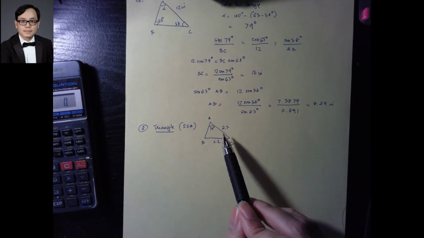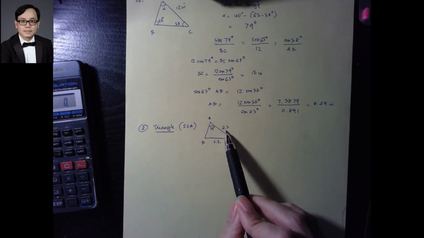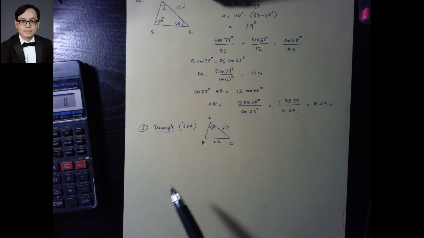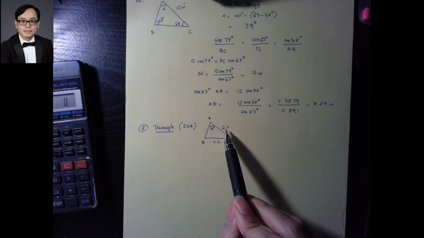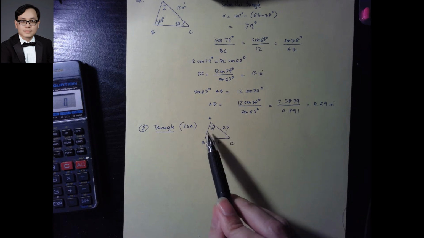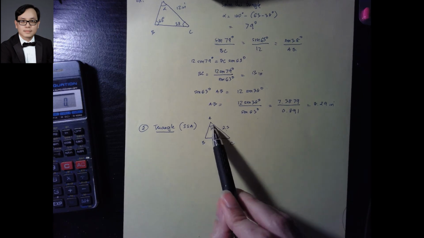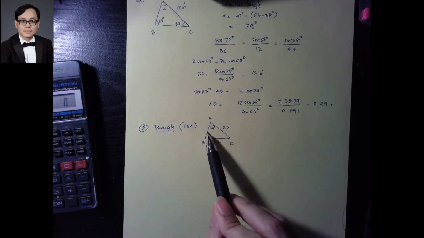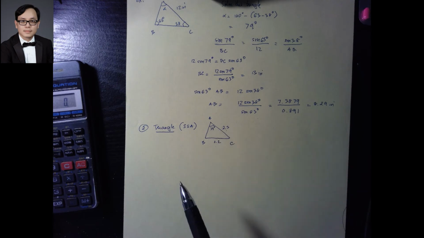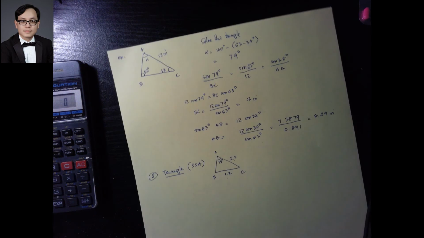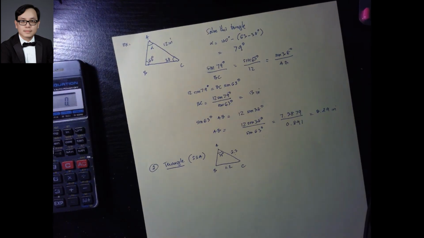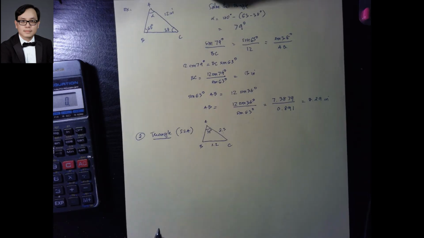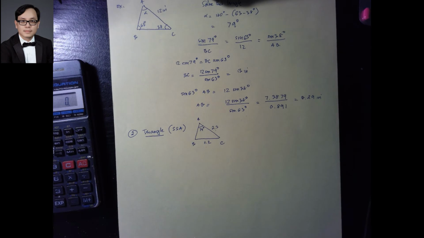So they give you side, side, angle. You cannot read this as side-angle-side, because for side-angle-side the angle must be in between. We haven't talked about side-angle-side yet. For side-angle-side, we have to use another concept.